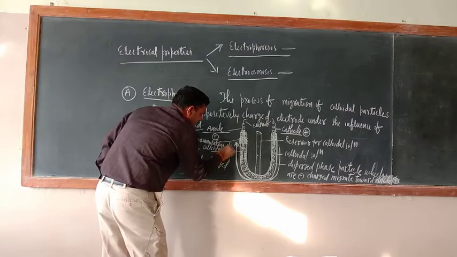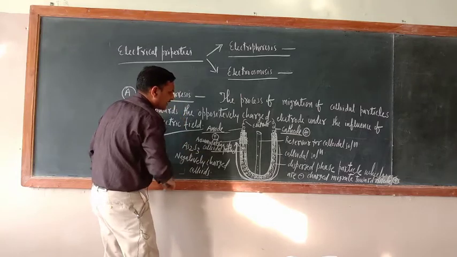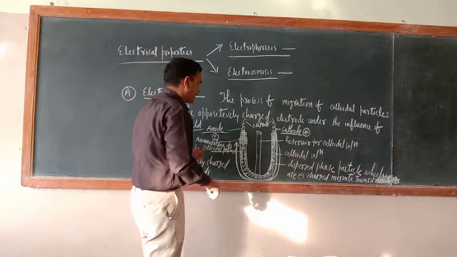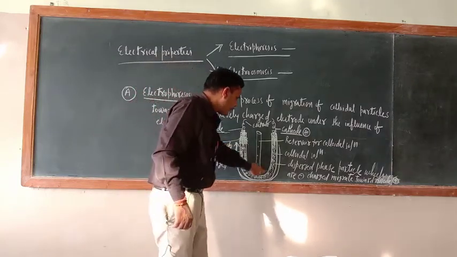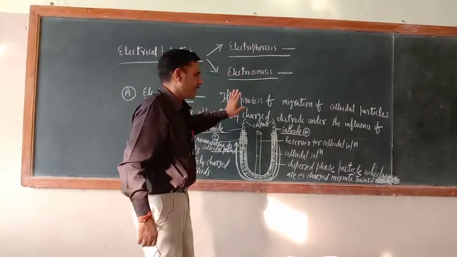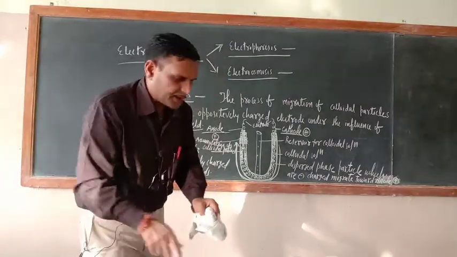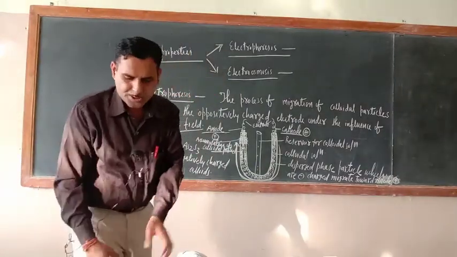Which type? Arsenic sulfide, that is negatively charged colloidal particle. Now suppose you have taken positively charged colloidal particles, they will migrate toward this side. So in this way this is over. Now what is the next one? The next one is electroosmosis.